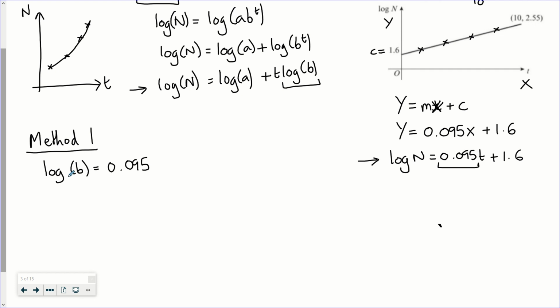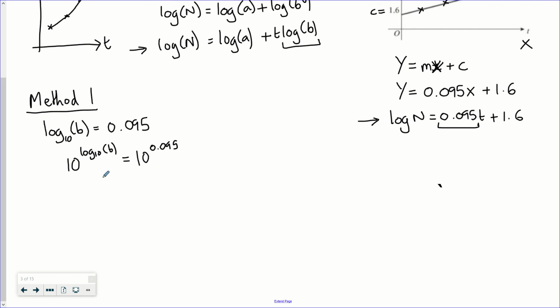And we can find out what b is, because remember that we're using log base 10. I've just not been writing it each time. So in order to find out what b is, we can do 10 to the power of both sides. So let's do 10 to the power of the left-hand side, and we'll do 10 to the power of the right-hand side. And the reason why we're doing that is because we know that 10 to the power of and log base 10 are inverse operations.